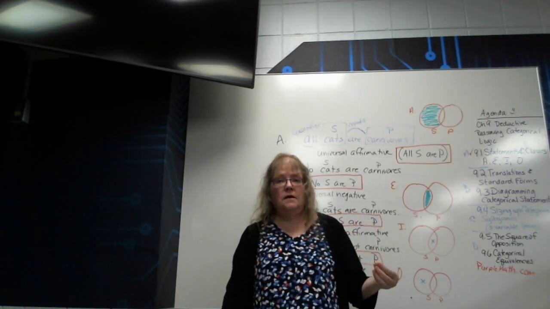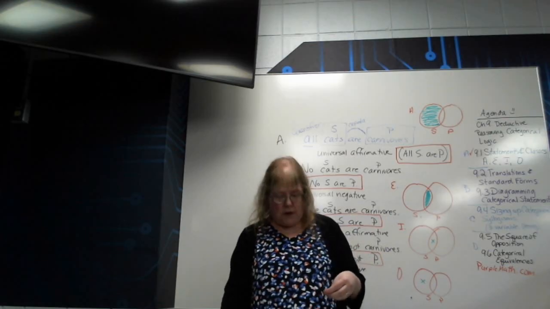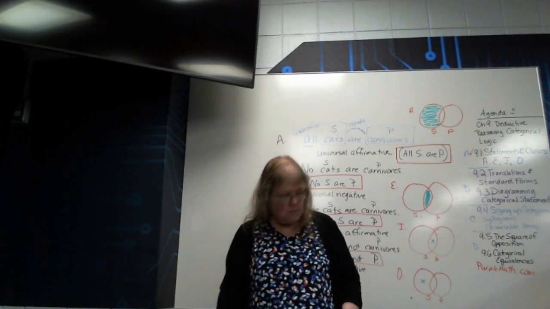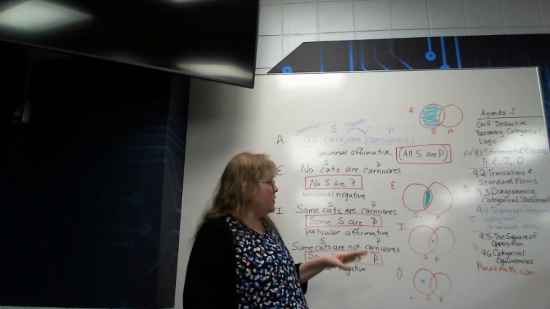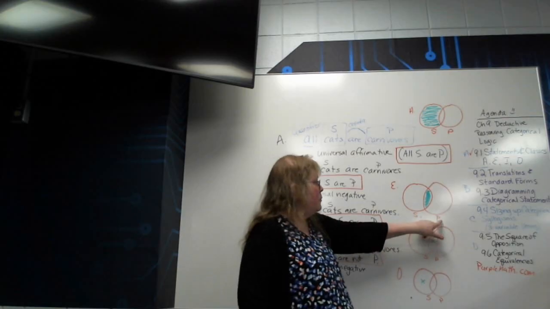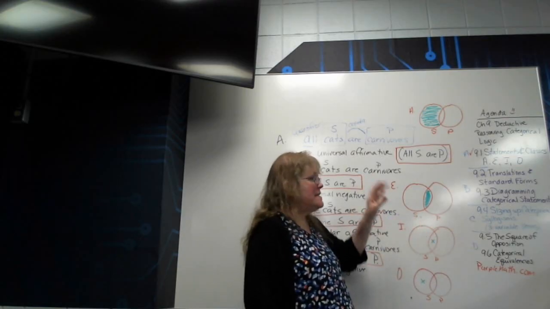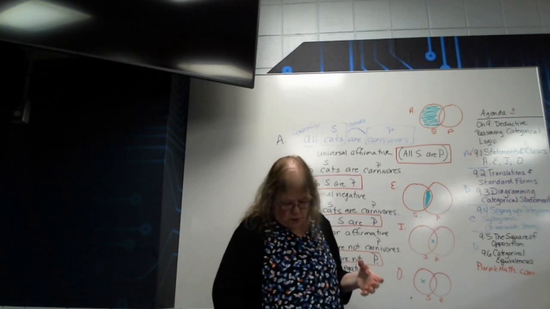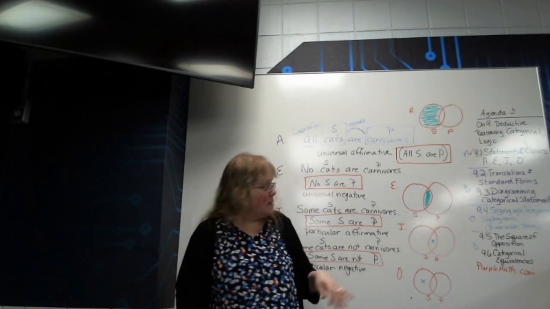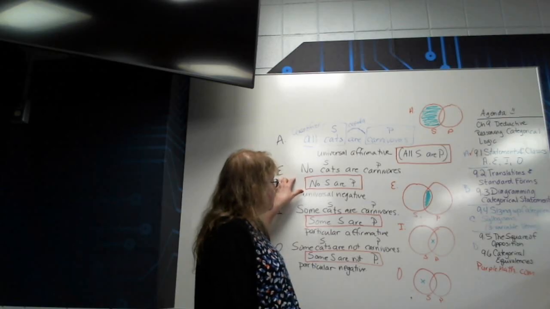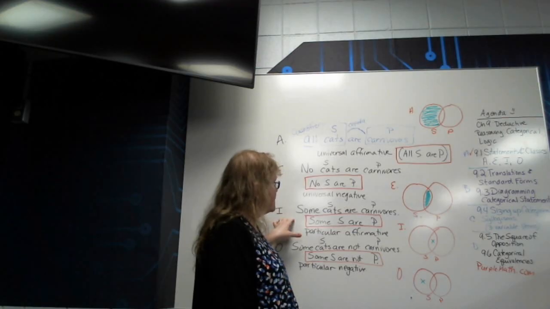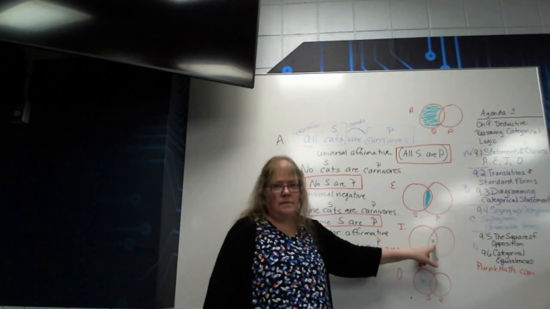No SRP or no PRS. Okay? So no SRP, it's an E statement. It looks like that. But you can see where if I say, okay, no PRS, same drawing. Okay, so they're equivalent. And the same thing happens, no cats are carnivores, no carnivores are cats. Okay. Some cats are carnivores, some carnivores are cats. You flip them and you get the same answer.